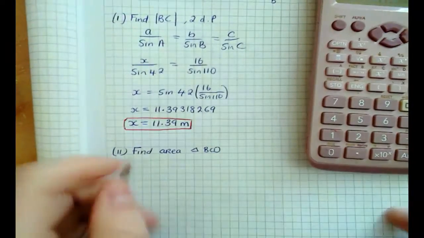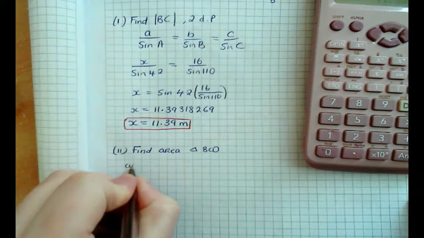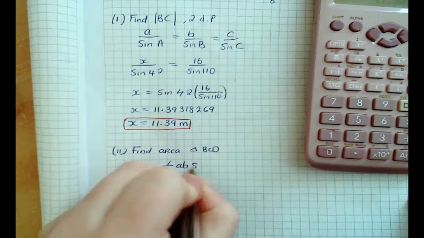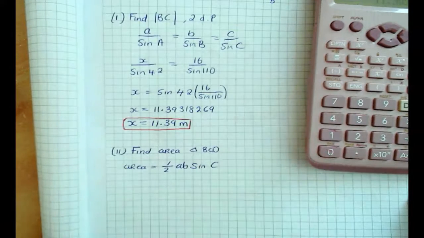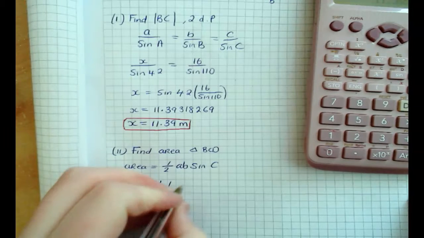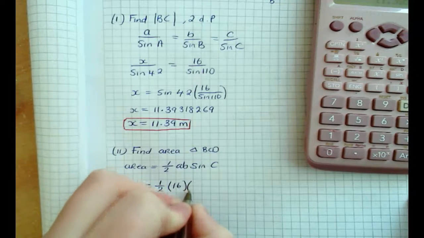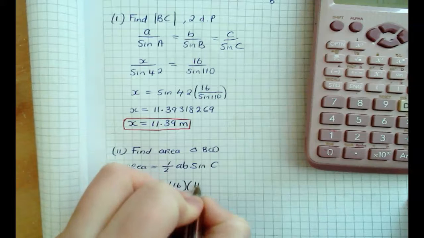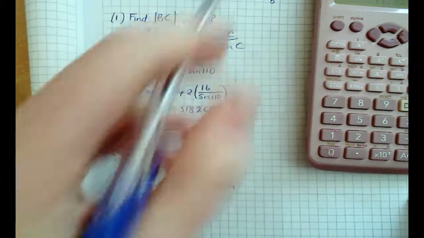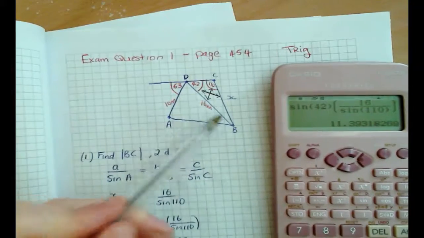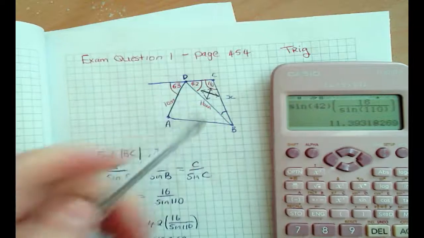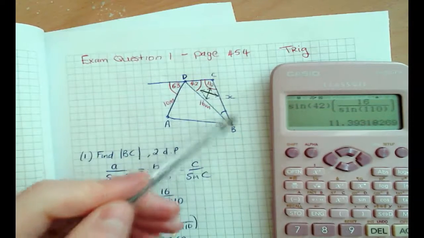So we know that the area of a triangle is equal to a half ab sine C. So we're using two lengths with the angle in between. So our area is equal to half of a, which is 16, by b, which is the length we just found, 11.39, sine then of the angle in between. The angle in between, lads, is this angle here. So you have these two lengths, so you have to use the angle in between.